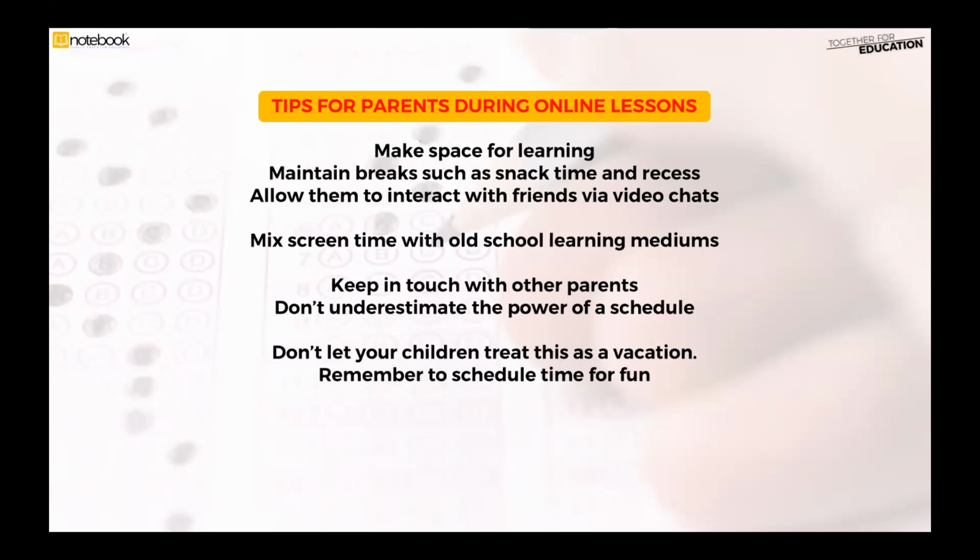Try and keep in touch with other parents. Don't underestimate the power of a schedule. I think children have to learn what is a schedule, and children should not treat this as a vacation. This is school time. And remember to pre-schedule time for fun.